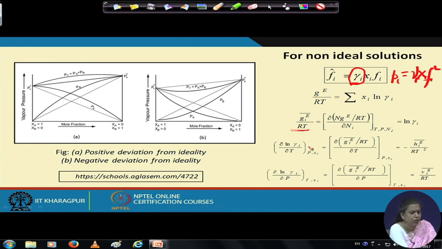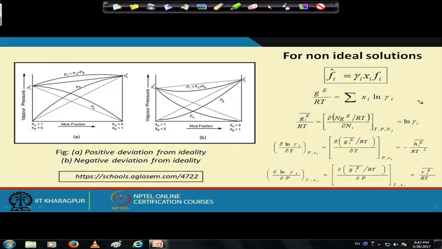We also found out that the variation of gamma i with temperature can be related to the partial molar excess enthalpy of component i in solution, and its variation with pressure can be related to the partial molar excess volume of component i in solution. So, this was what we had derived in the last class.